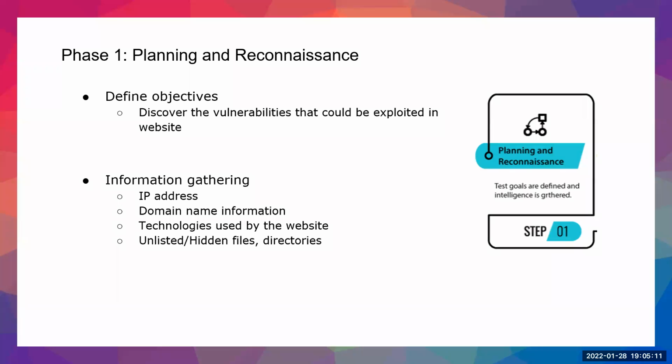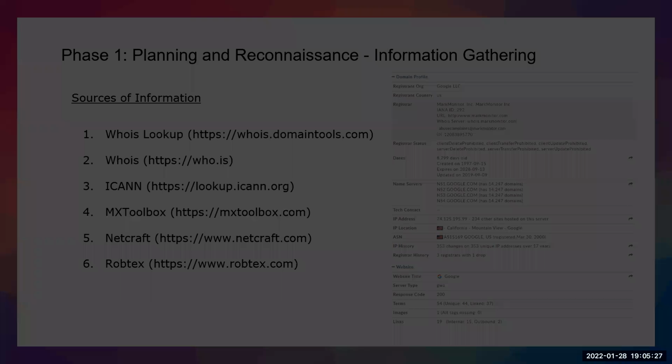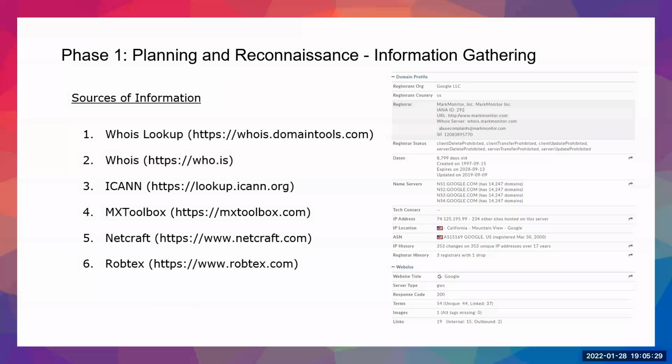For example, we can gather the IP addresses, the domain name information, the technology used by the websites, and other stuff such as unlisted files or directories. Some sources of information which allow us to understand more about the website are listed here.